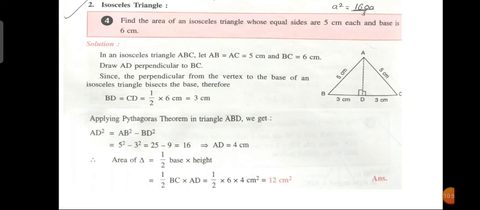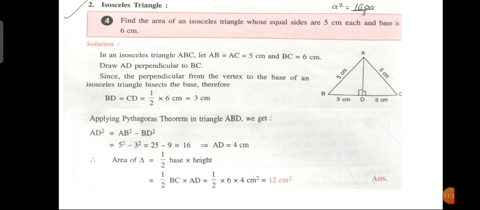Then by using the Pythagoras theorem, you have to find the altitude AD. AD square is AB square minus BD square. That is 5 square minus 3 square, 25 minus 9, that is 16. So AD is 4 centimeter.